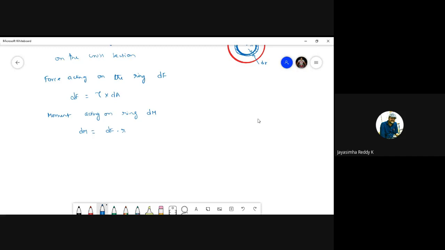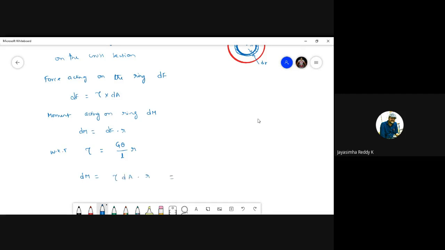Now we know that tau is equal to, tau we have already derived, students. Tau is equal to G theta by L into r, we have derived, so let us substitute that. So if you substitute that, what do we get, students? dm is equal to df into r, that is tau into dA into r.